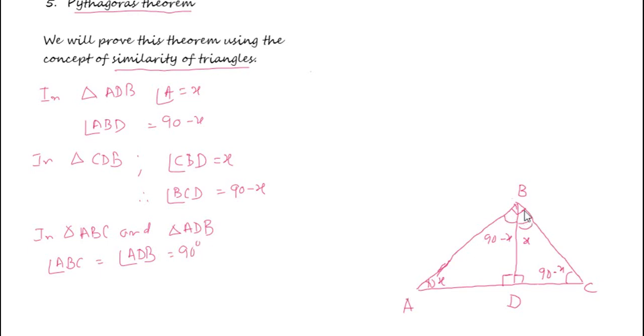Now we have angle C, this is 90 minus X, that is equal to angle ABD, that is 90 minus X, and angle A equal to X, that is common.